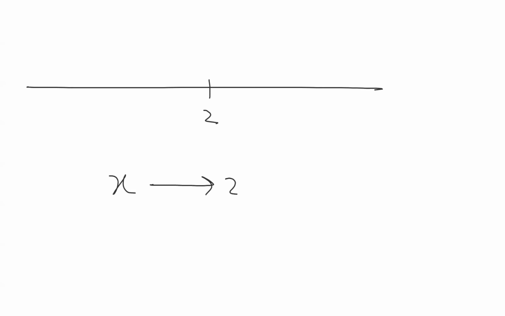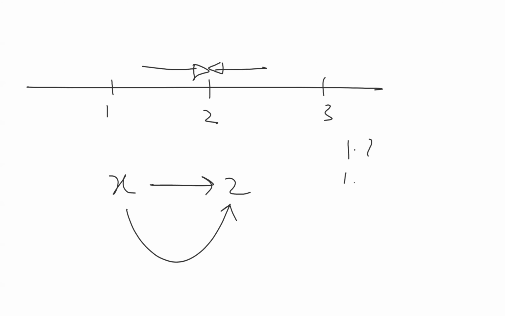Now see, the value 2 is the critical point. When I say x approaching 2, x becomes 2 from the right hand side and from the left hand side. For example, there is 1 over here and there is 3 over here. The value of x will approach 2 in this manner: 1.1, 1.2, 1.3, 1.9, 1.999, and so forth, which is approximately equal to 2.